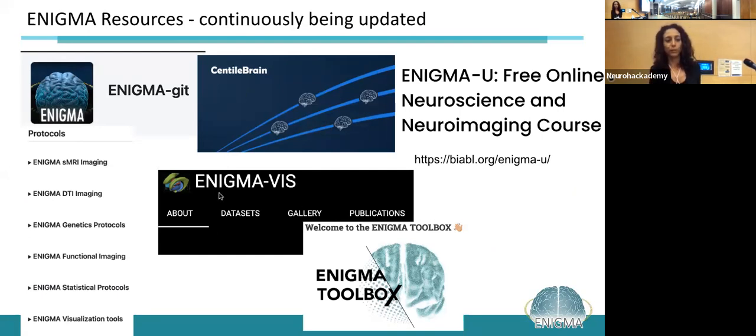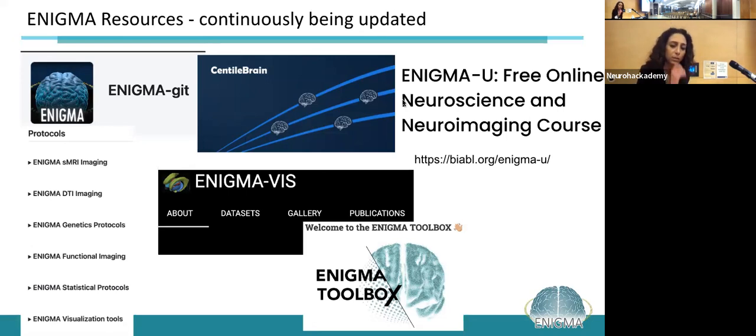You can go through a lot of the published results of these case-control differences in the studies, if you are interested in knowing what the effects were for different regions for a particular disorder. We have tools within the Enigma Toolbox that will allow you to do that. Enigma Viz is for the genetic results.